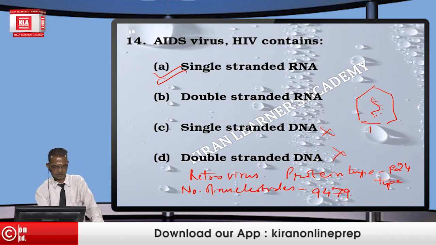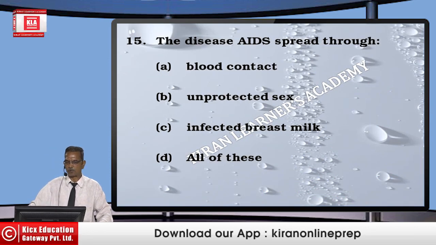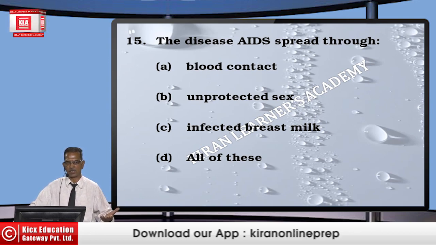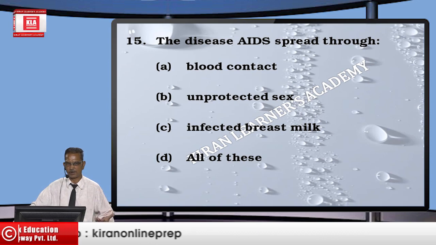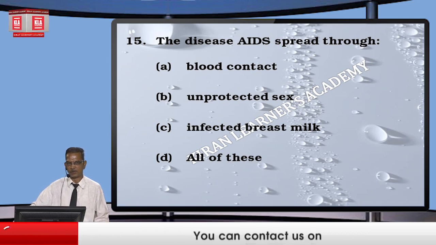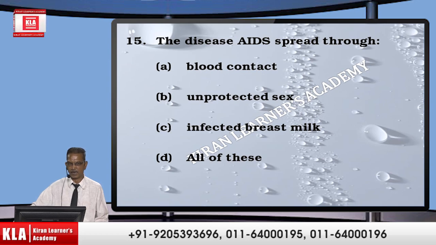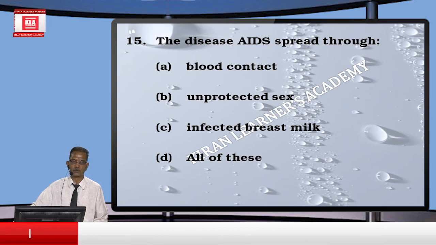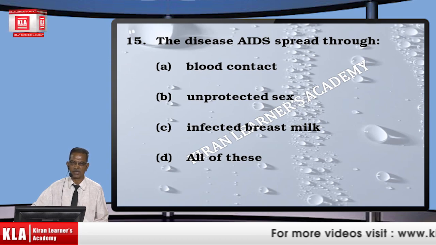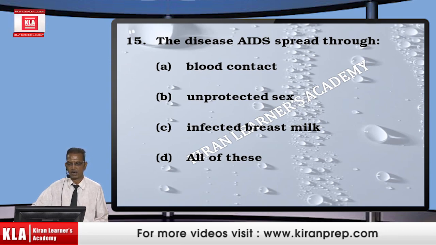Next, the disease AIDS spreads through. That means there is a person suffering from AIDS. How is the disease going to get transmitted from this infected person to a healthy person? Blood contact, direct or indirect, like transfusion of infected blood, or by sharing of needles, by sharing of razors.